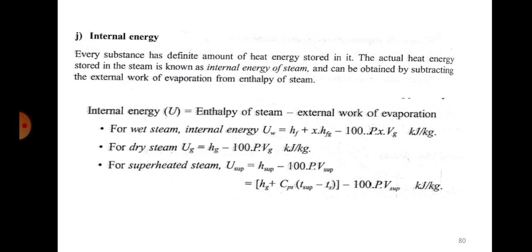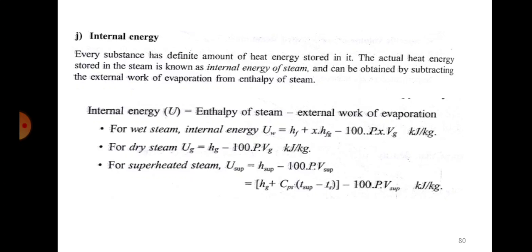The actual heat energy stored in the system is called the internal energy of the steam, and it can be obtained by subtracting the external work of evaporation from the total enthalpy of steam, H. So internal energy is equal to enthalpy of the steam minus external work of evaporation.